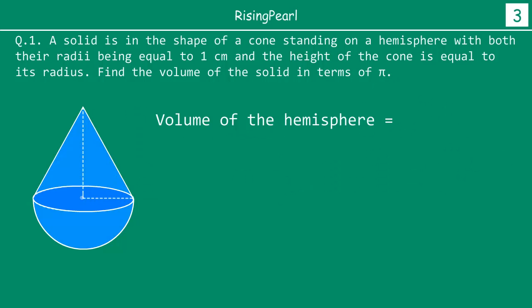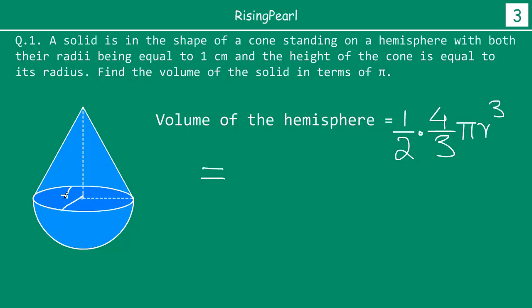Now let's look at the volume of a hemisphere. The volume of a sphere is 4 by 3 pi r cube, but a hemisphere is half, so it will be half times 4 by 3 pi r cube.